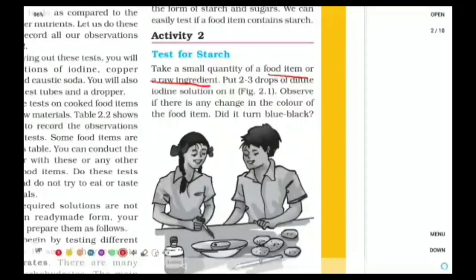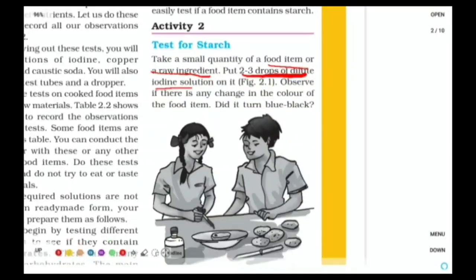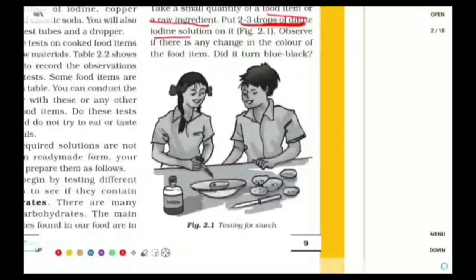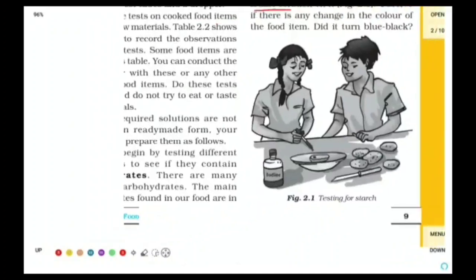Leave it for about 10 to 30 seconds. If the color changes to blue black where you have put the drops, then it indicates that the food item has starch or carbohydrates in it, right? This is on this page. Moving on to the next page.